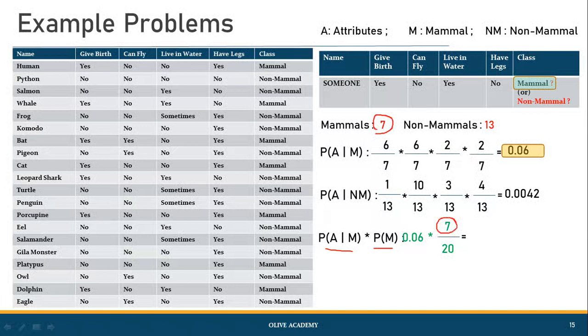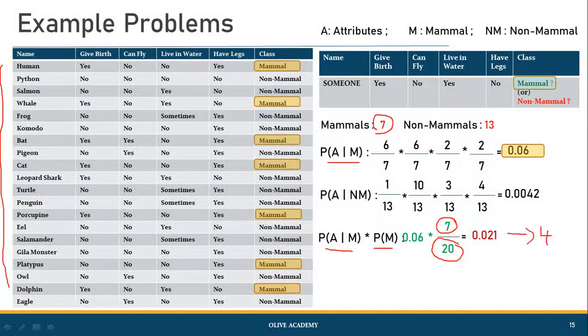First, this is the conditional probability, but this is the actual probability, right? So there are 7 mammals out of 20 rows. There are 20 rows here, so you have to make it as 20, and that gives us 0.021, and this is the fourth step, right?